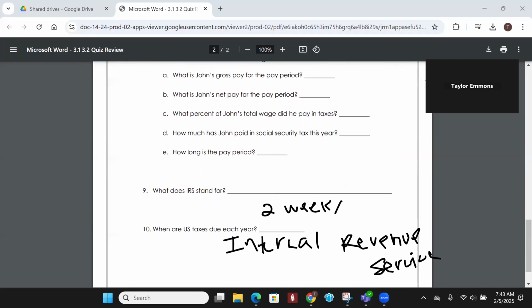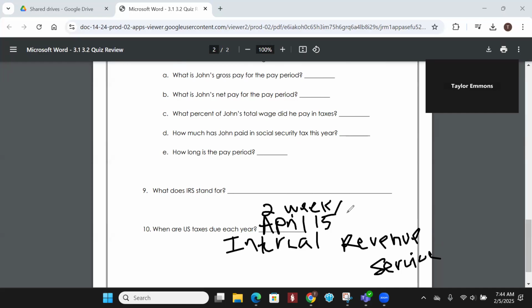And when are US taxes due each year? Your parents probably freak out right around that time. Okay, so April 15th. There is no, oh, you can turn it in late and it's fine. They don't care.